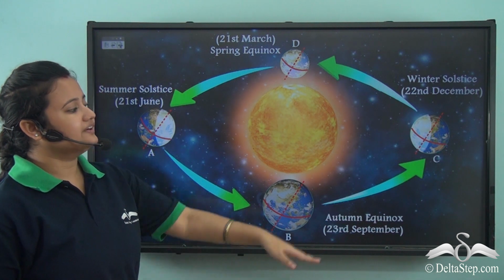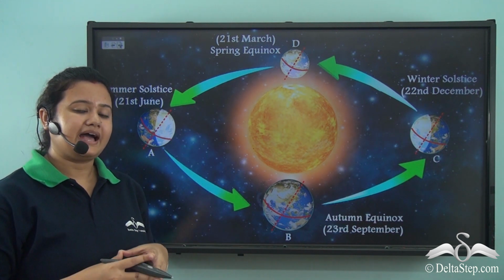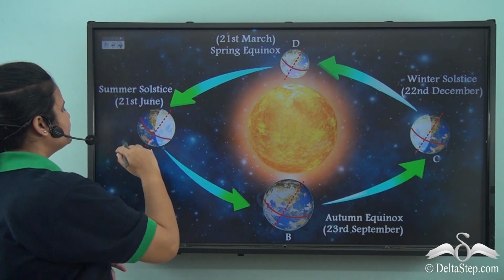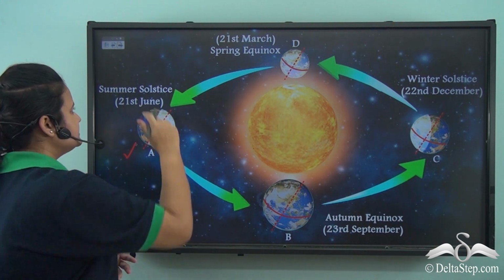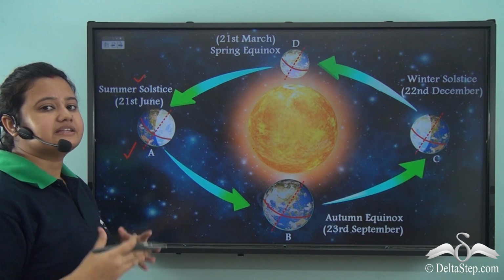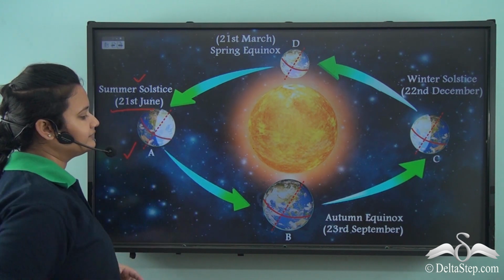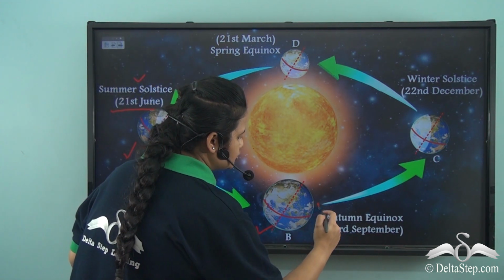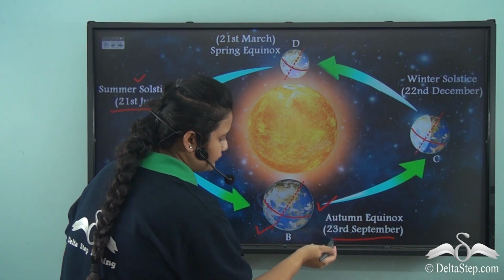So, these are the different positions of the earth with respect to the sun as the earth revolves around the sun. At position A, as discussed previously, the earth experiences summer solstice and this particular movement takes place on 21st of June. At position B, the earth experiences autumn equinox and it occurs on 23rd September.